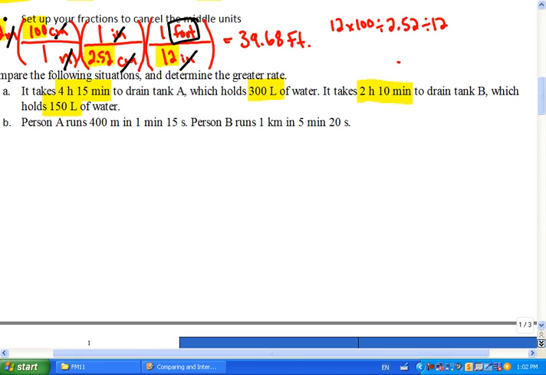Hours and minutes. So it would be more convenient if it was all in minutes. So how would we do that then? How do you get 4 hours and 15? So I'm going to show you guys using the rates, okay? 4 hours, and there are 60 minutes in 1 hour.